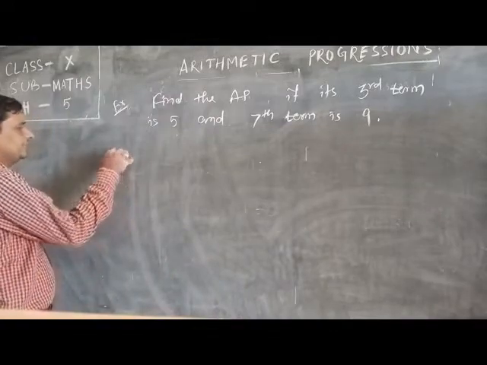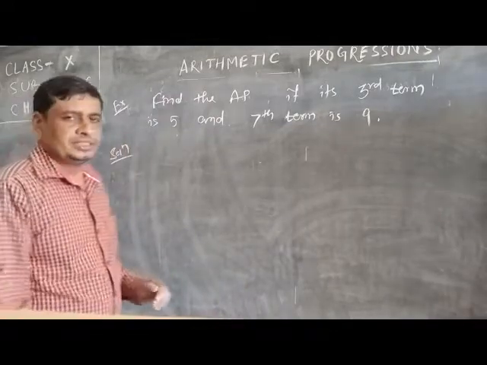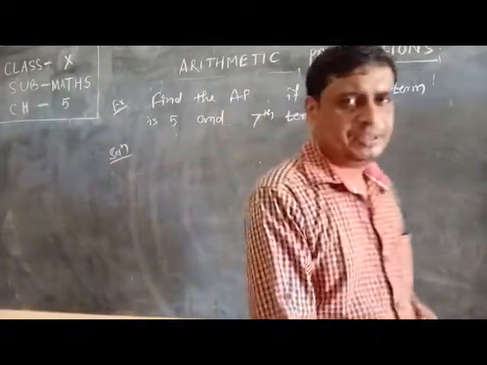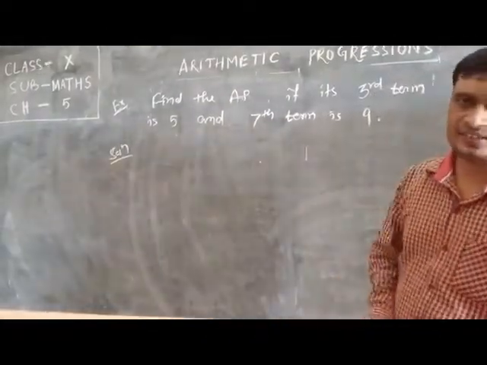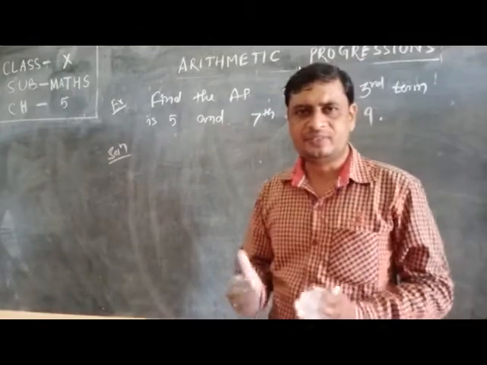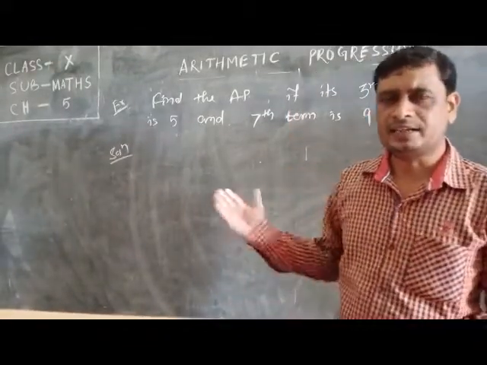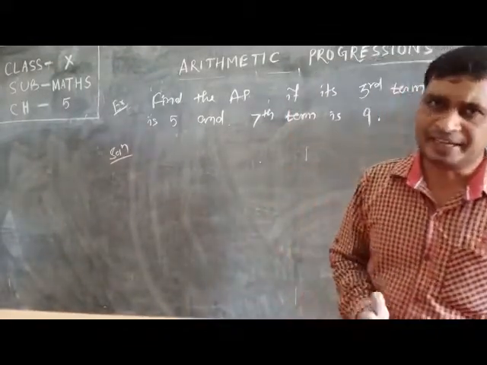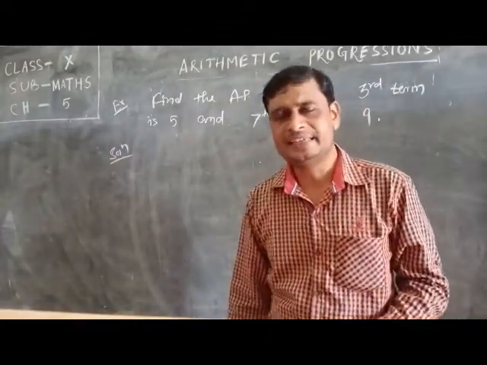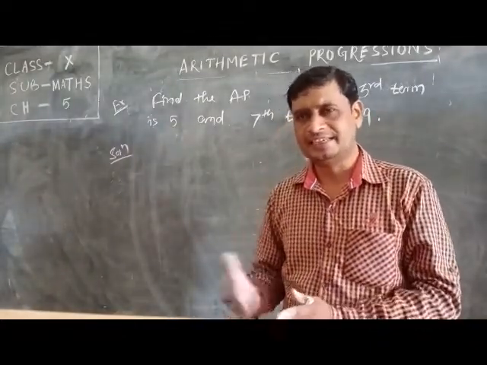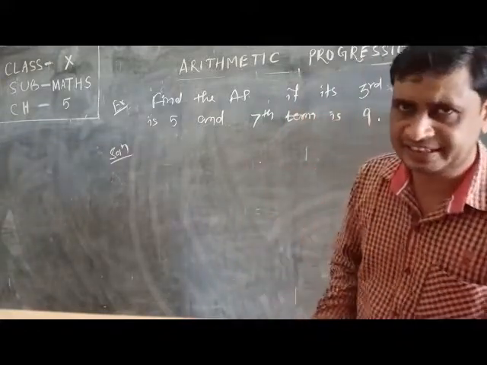How to find the AP? Generally, we can find an AP when we have the first term and the common difference. If the first term and the common difference are given, that means the value of A and value of D, then we can generate the AP easily. Like A1 is A, A2 is A plus D, A3 is A plus 2D.